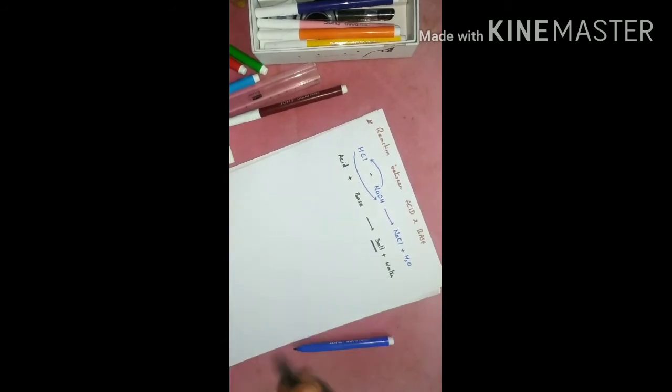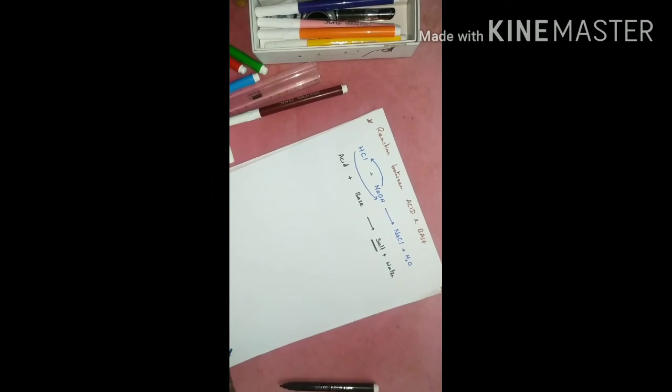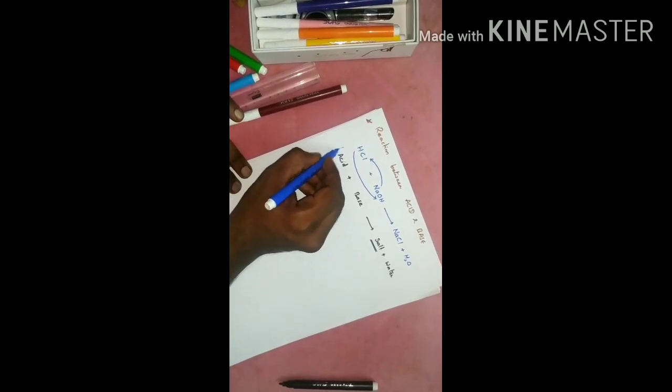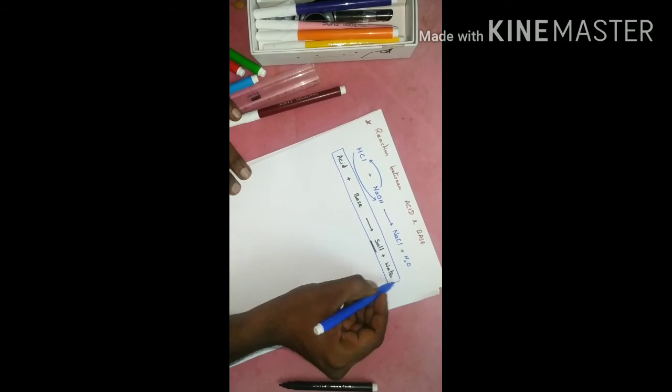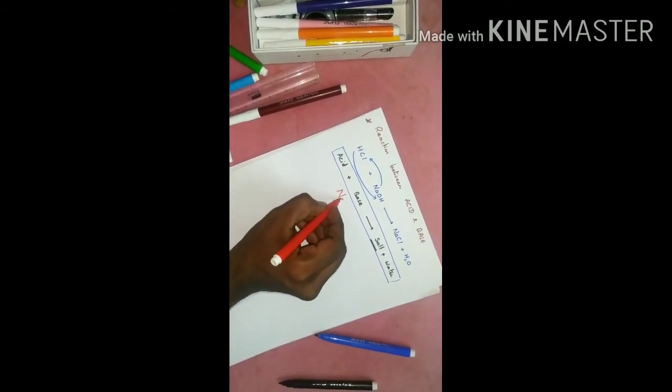Salt. ఇందులో H plus ions ఉండవు, OH minus ions ఉండవు. Right? So you are getting neither acid nor base. You are getting the salt and water. Hence these reactions, meaning reactions between acid and base, are called neutralization reactions.